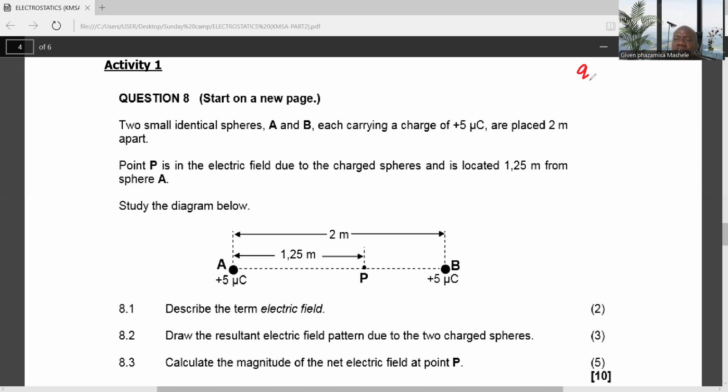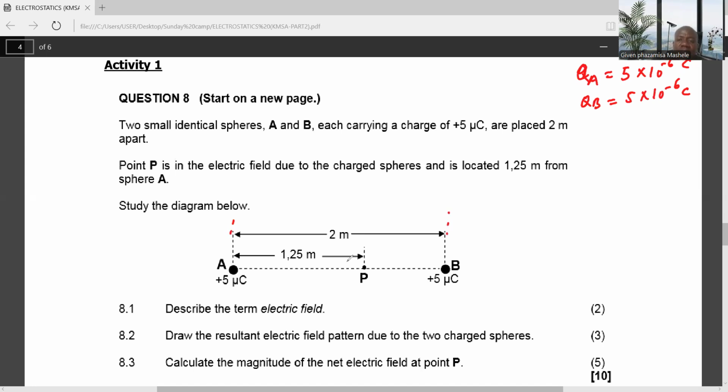So we have charge A. Charge A is 5 times 10 to the power minus 6 coulomb. And we also have charge B, which is also 5 times 10 to the power minus 6 coulomb. These charges are placed at a distance of 2 meters apart.